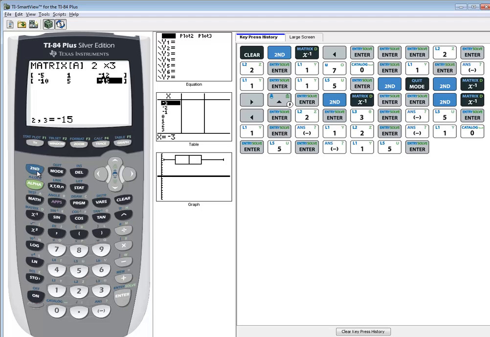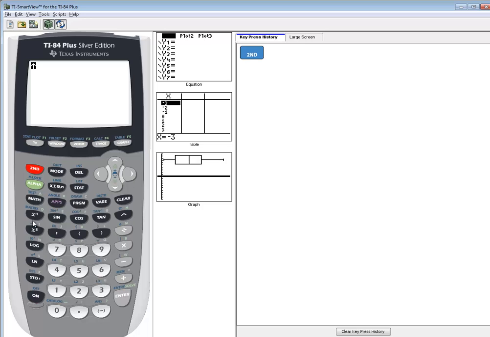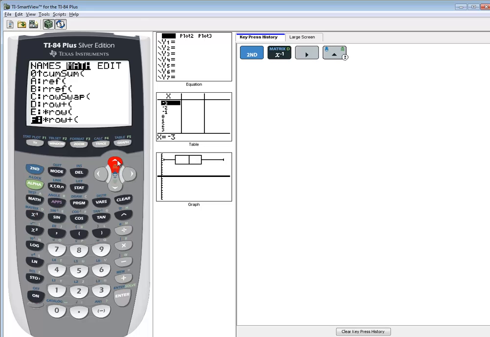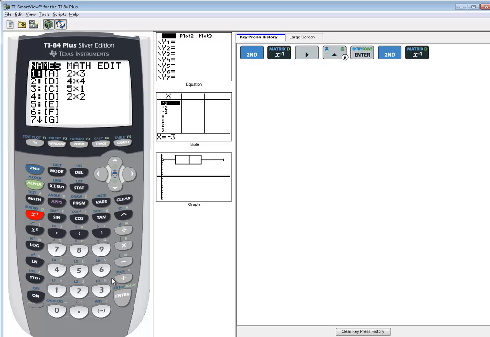Exit out, so I do second mode, and now go through and do my REF. So do second, x negative 1, right arrow to math, up arrow to REF, enter. Go back in the matrix menu, enter on A, enter again.